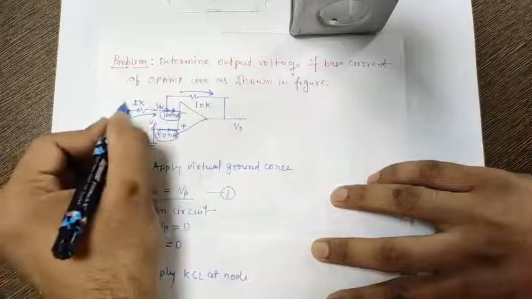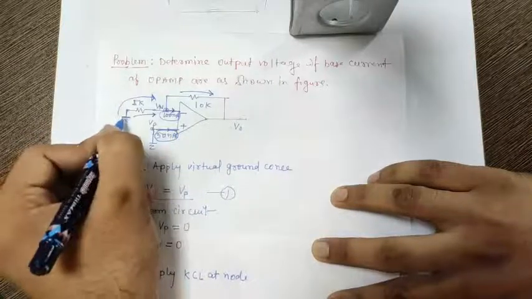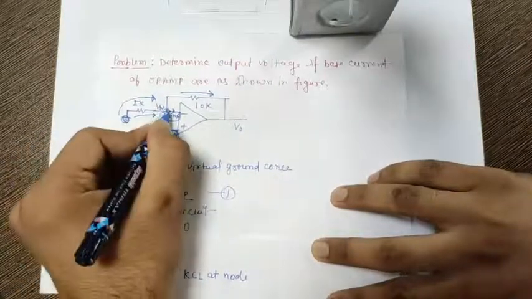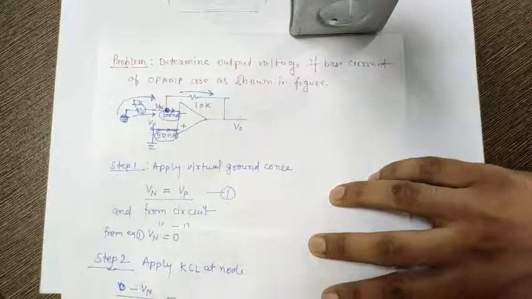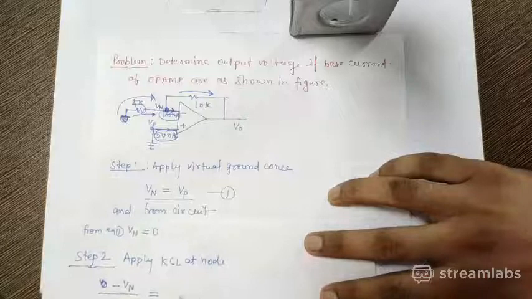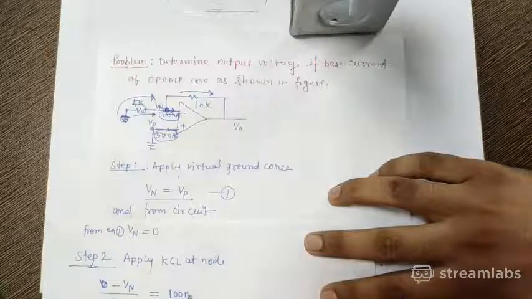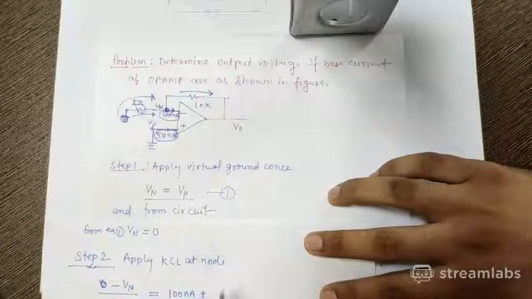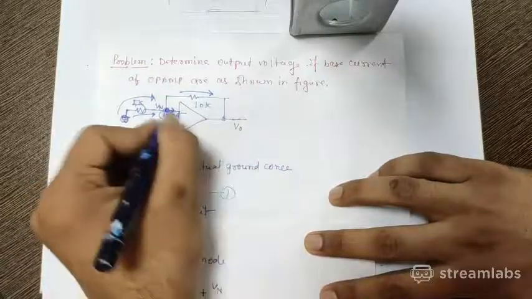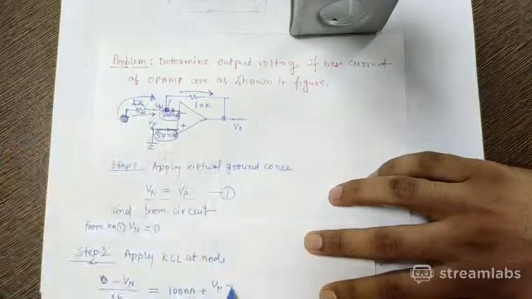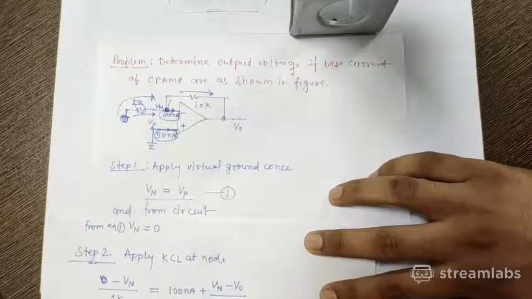The current coming towards this will be the voltage here, 0 minus voltage here Vn divided by resistance, is equal to outgoing current. What are the outgoing currents? One is 100 nanoampere, the other is Vn, this voltage minus this voltage upon resistance. So Vn minus V0 upon 10k.